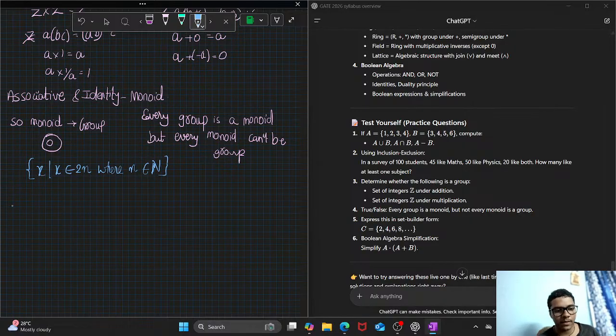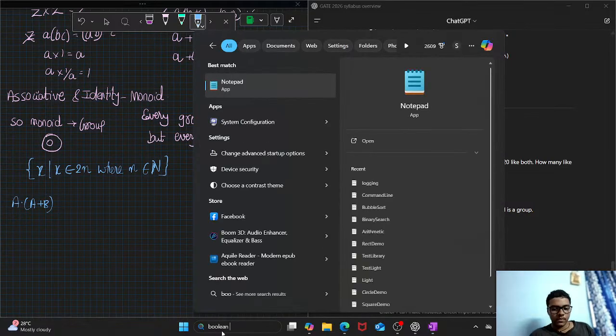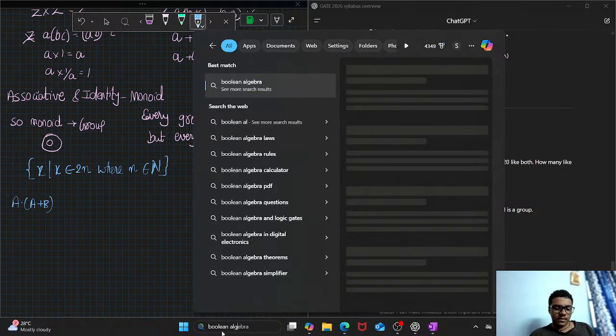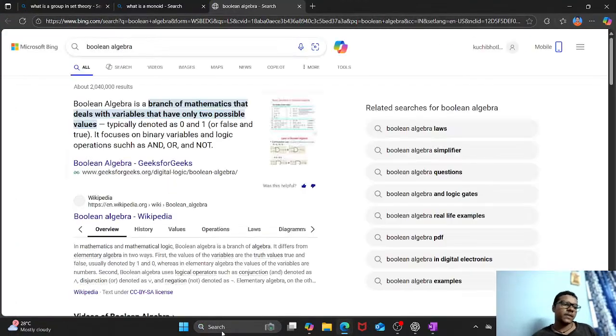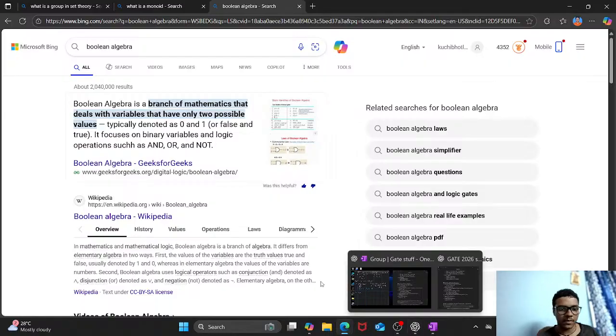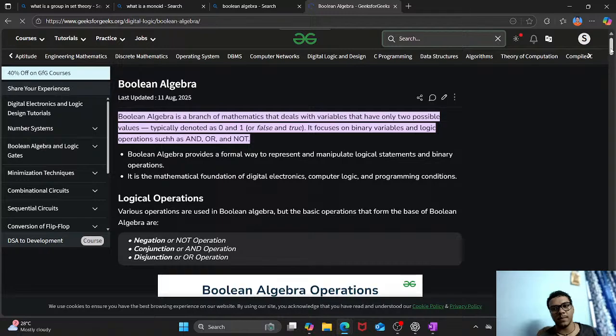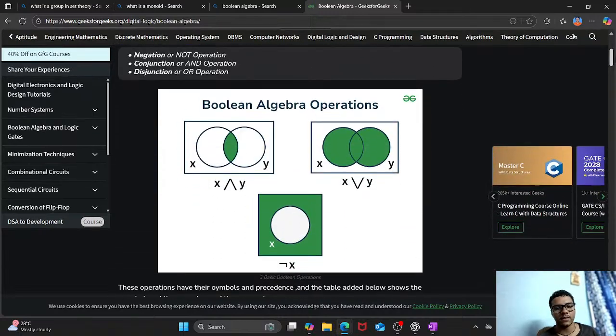I think Boolean algebra simplification. A times (A plus B). So Boolean algebra, A times A plus A times B, right? You can apply the distributive property of multiplication over addition, I think.